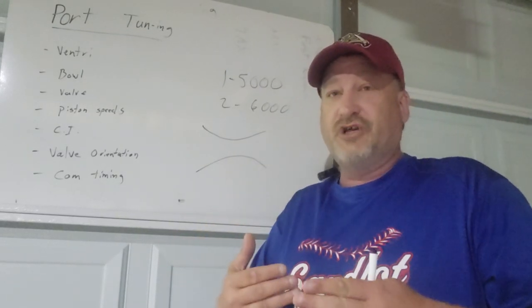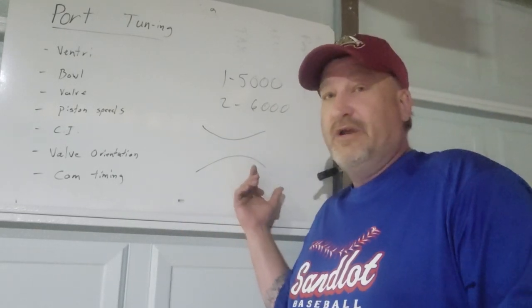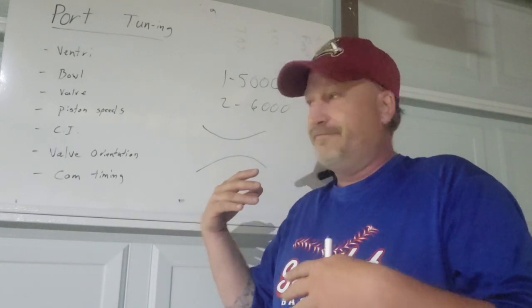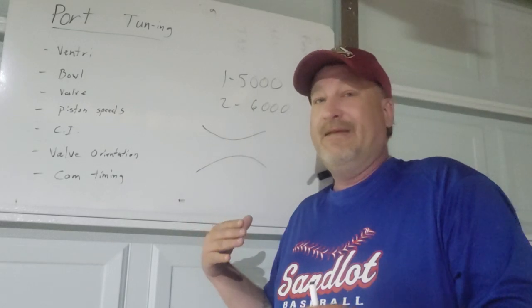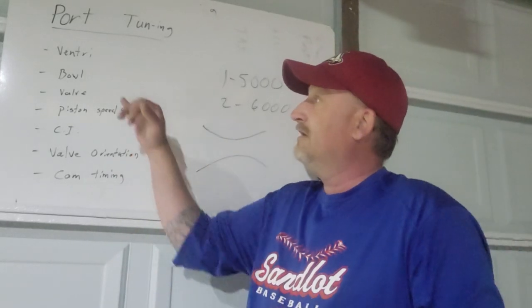When is the reversion backing up into the port, creating a restriction on the new incoming charge? The more efficiently you can get rid of that or limit the amount of reversion, the more fresh air, and the more efficient the port is going to be. So there's a lot of different things into it.